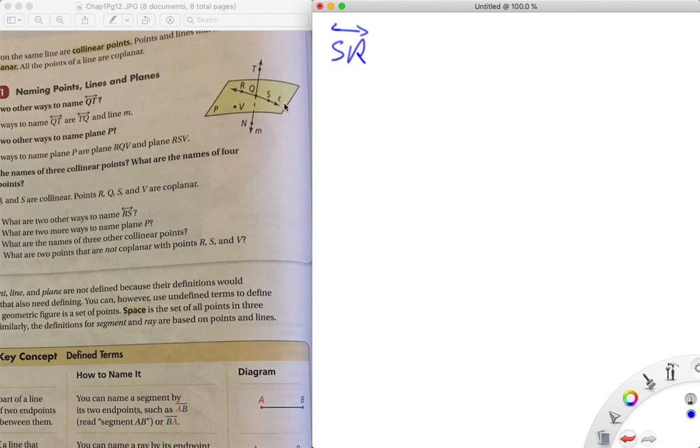We have that lowercase l right there at the arrow, so we could also call it line l. We could also call it line RQ. We can call it line QS. There are so many ways to label this line, as long as there are two points that reside on the line and they're collinear, that's perfectly fine.